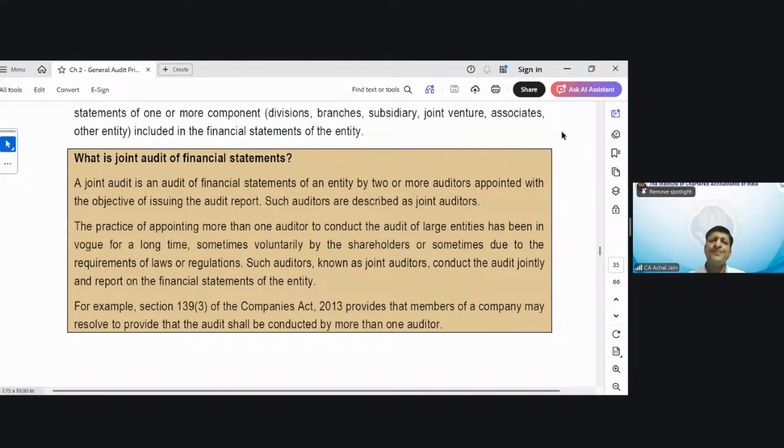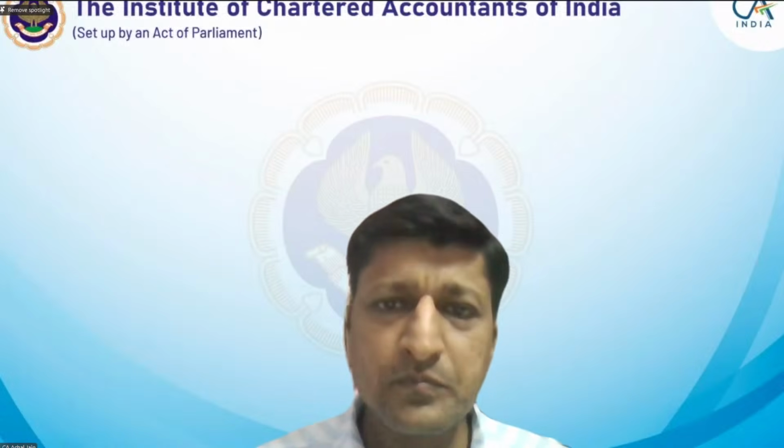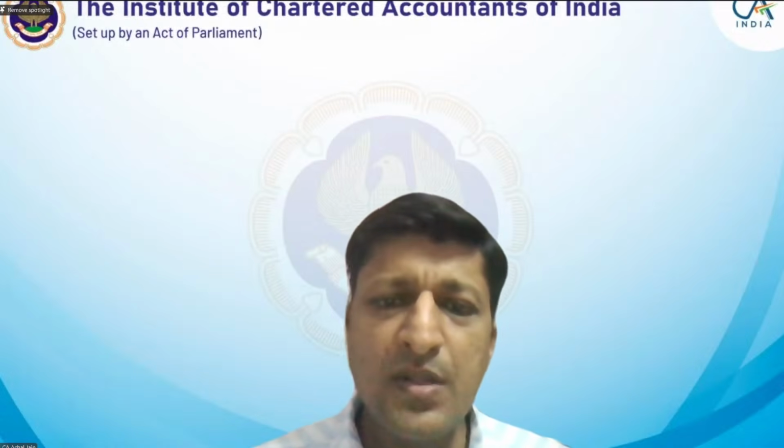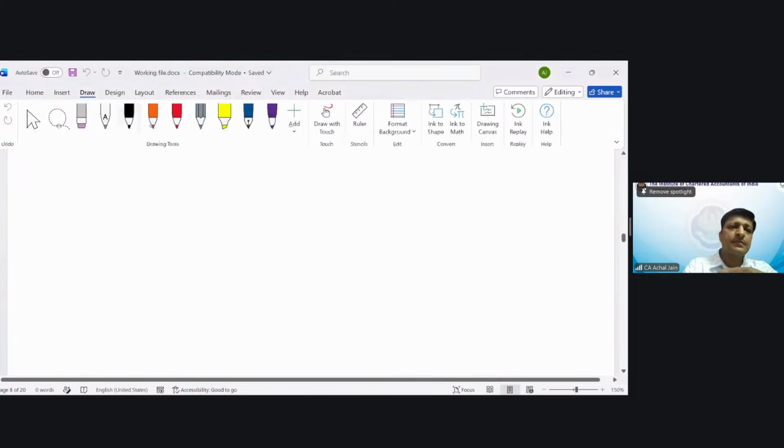Okay, now let's try to understand this concept of joint audit, because at times there could be a confusion on this. See, joint audit means there are two auditors. Now, what do you mean by two auditors? So that's something which is important.